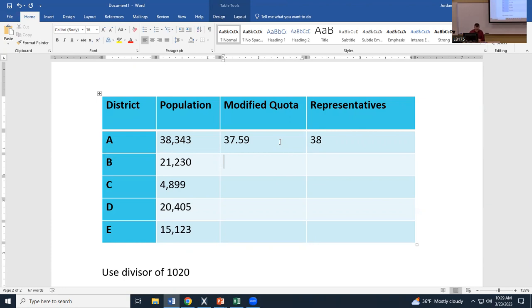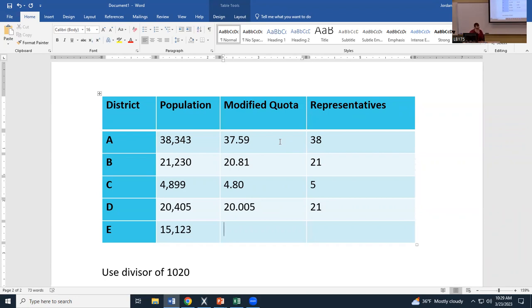21,230 divided by 1020 becomes 20.81. So we're going to round that to 21. We're going to move it up to 21. 4899 divided by 1020 gives me 4.80. Move that up to 5. 20,405 divided by 1020 gives me 20.005, which I have to move up to 21.